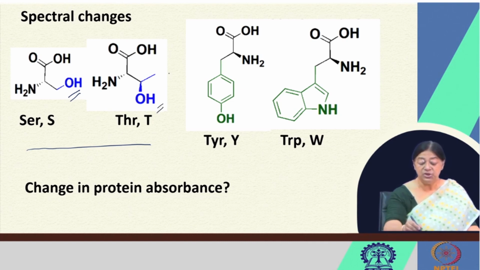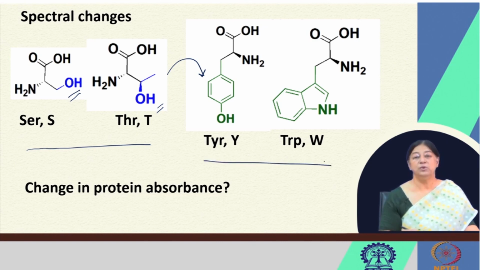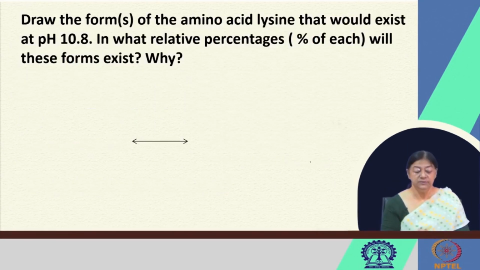But when we try and change any of these amino acids to one of the aromatic ones, apart from the steric factors that are going to be involved, we are going to have a definite change in the overall UV absorbance or the spectral characteristics of the protein.